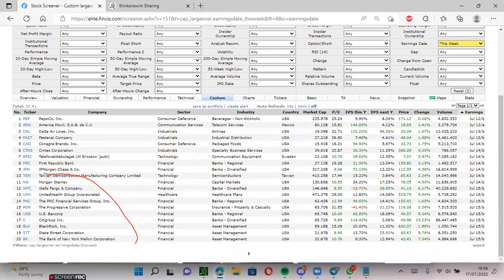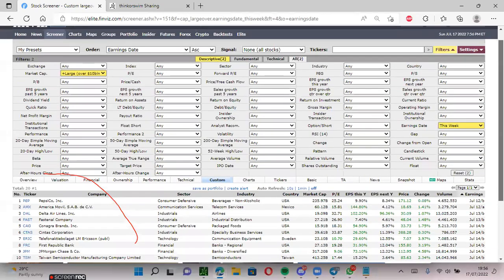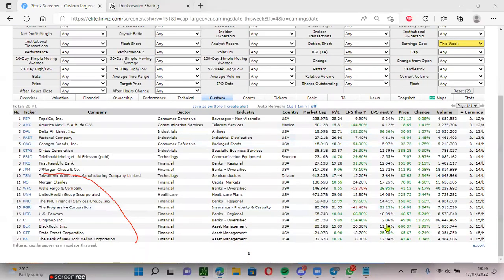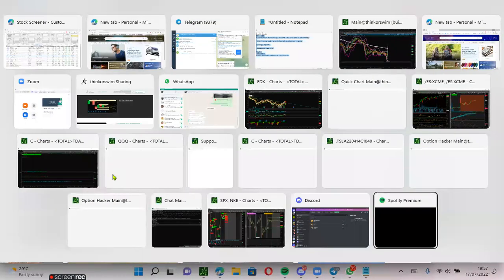So there are a couple of stocks: City, PNC, Wells Fargo, Morgan Stanley, and JP Morgan Chase. Let's take a look at JP Morgan and how they did.